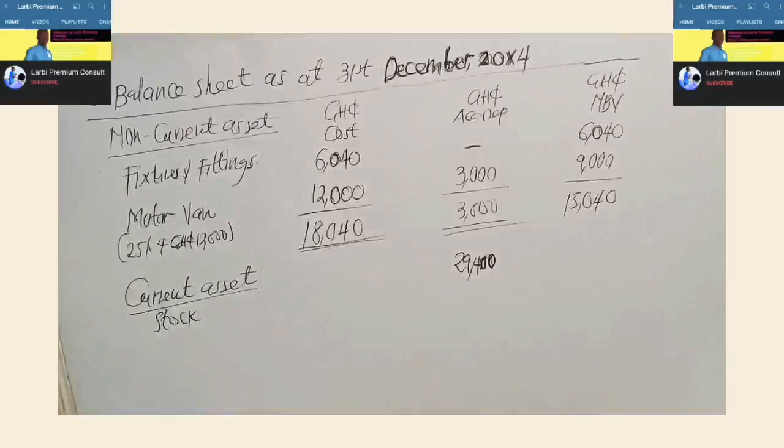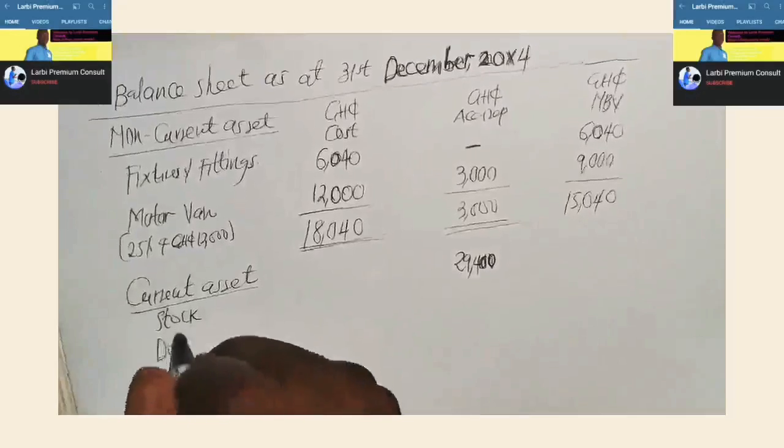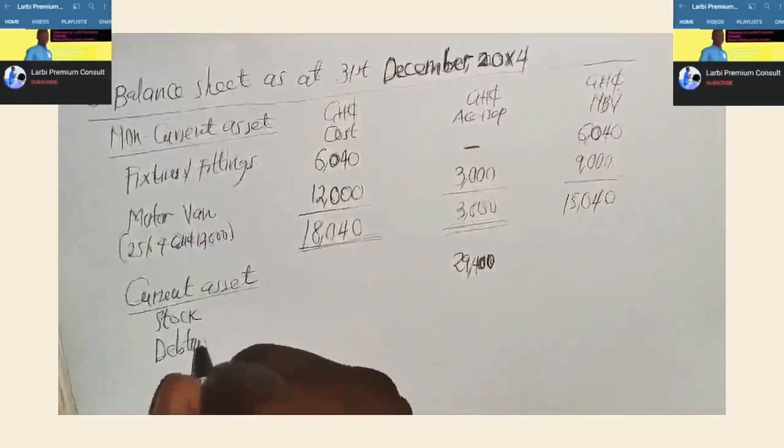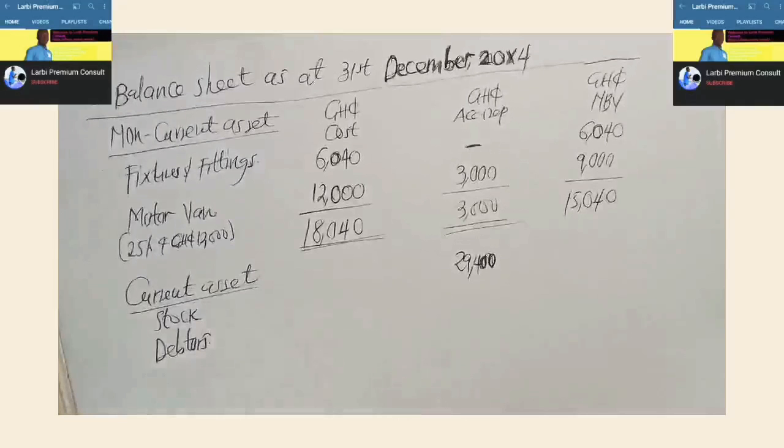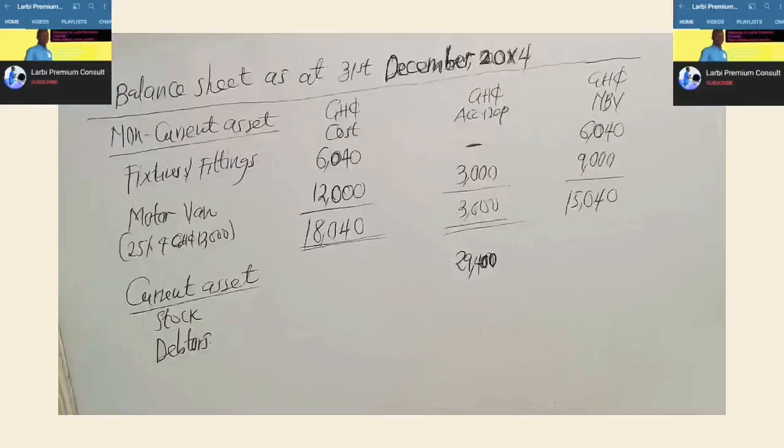And we're also having a debtors balance as at the year end, and that balance was 17,260. But then there was a provision that we made during that year as at 31st December 20x4. So we need to take the provision from there.